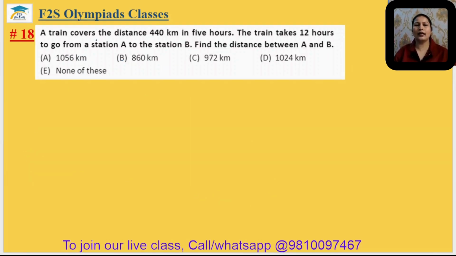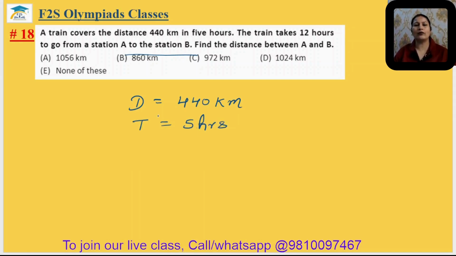Question 18. A train covers a distance of 440 km in 5 hours. The train takes 12 hours to go from station A to B. Find the distance between A and B. Initially the distance was 440 kilometers and the time was 5 hours.